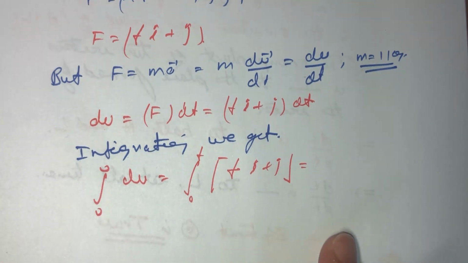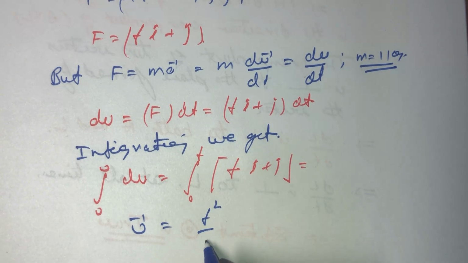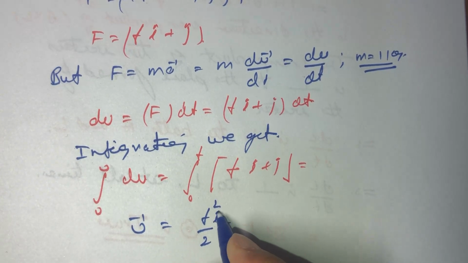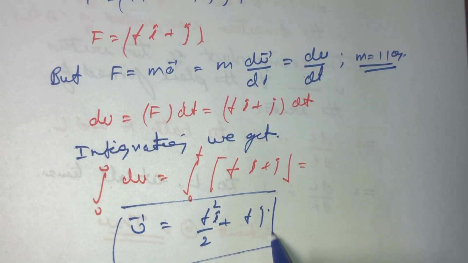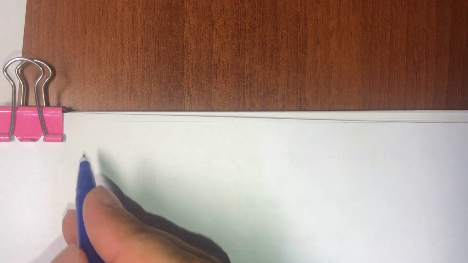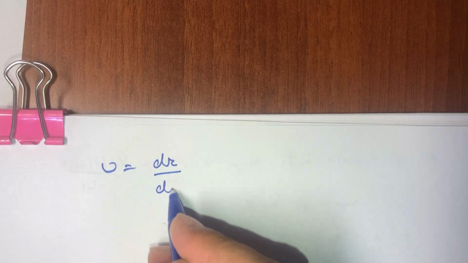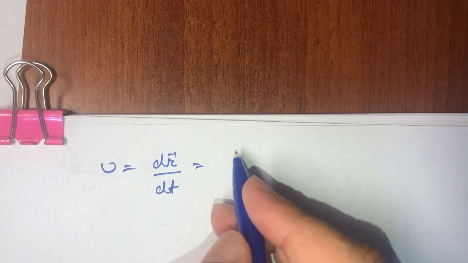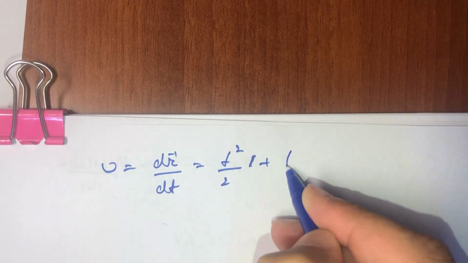From here the left side will be v, and the right side we get t²/2 i plus t j. So this is the equation for the velocity, and velocity we know is dr/dt. So dr/dt is equal to t²/2 i + t j.